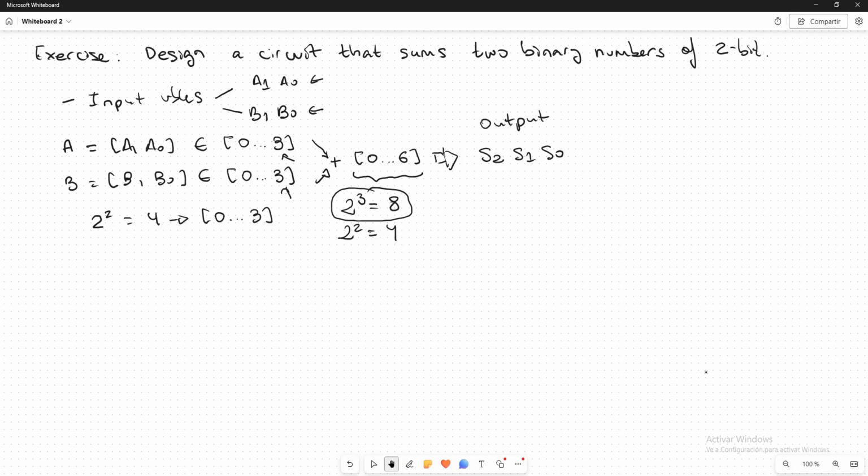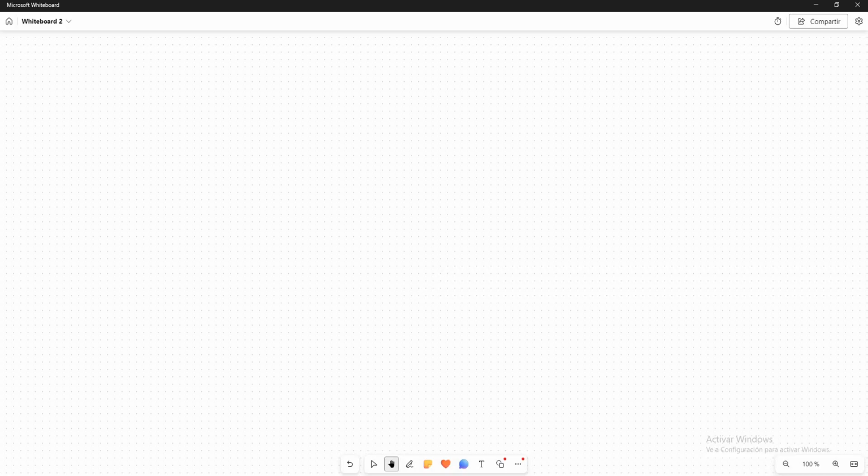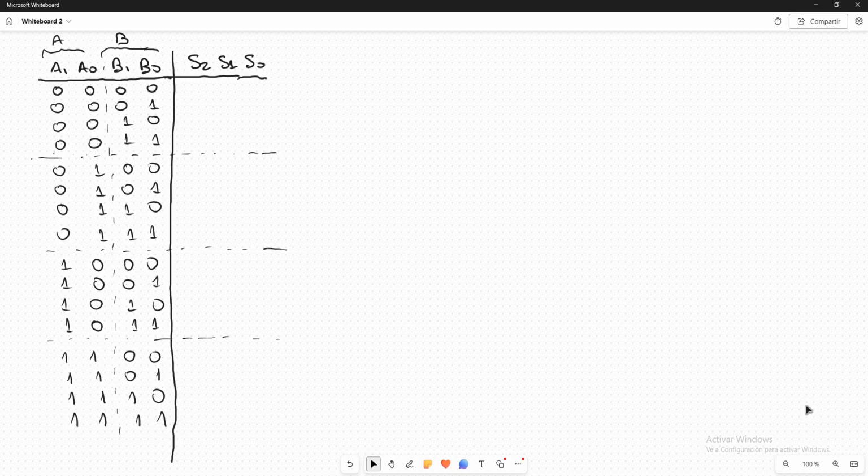The following step is to build the truth table. So let me draw the table and we continue. So here we have the truth table. We have 4 inputs, so we have 16 possible combinations in the input, and we have, as we have seen, 3 outputs, because the output can be a number up to 6.